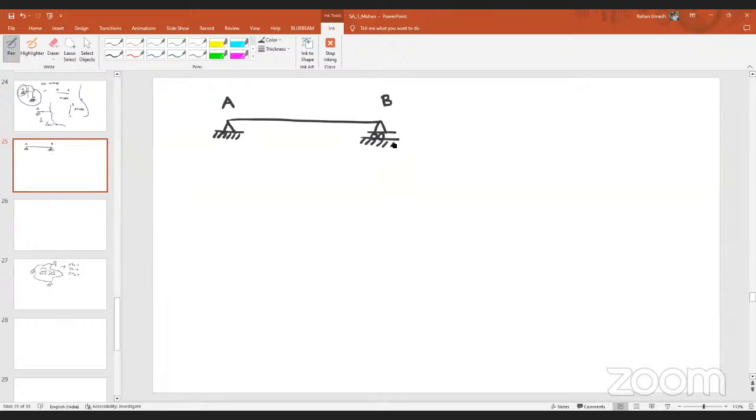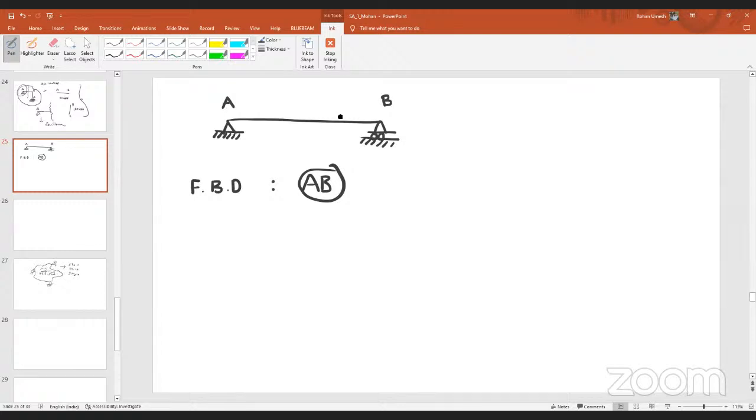Now tell me, I want to draw the free body diagram for the beam AB. If you want to draw the free body diagram, the first thing is that for the beam AB, take it away from all the contact points that the beam has.